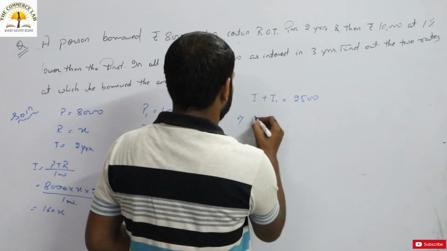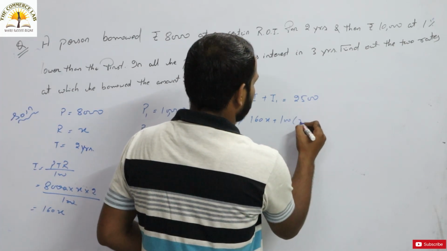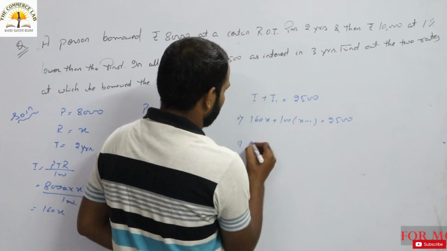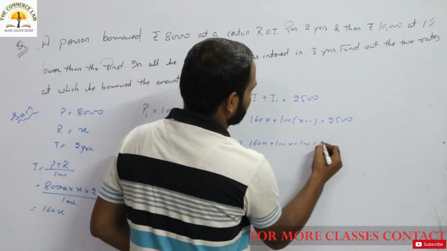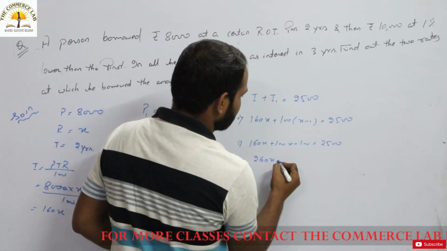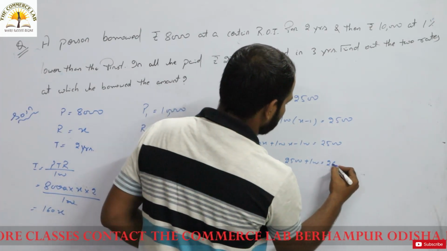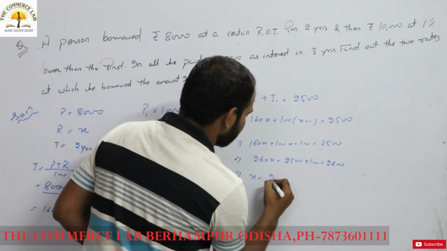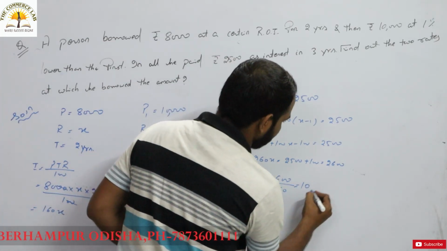This implies 160X plus 100(X minus 1) is equal to 2500. 160X plus 100X minus 100 is equal to 2500. So 260X is equal to 2500 plus 100, which is 2600. This implies X equal to 2600 by 260, which is 10%.